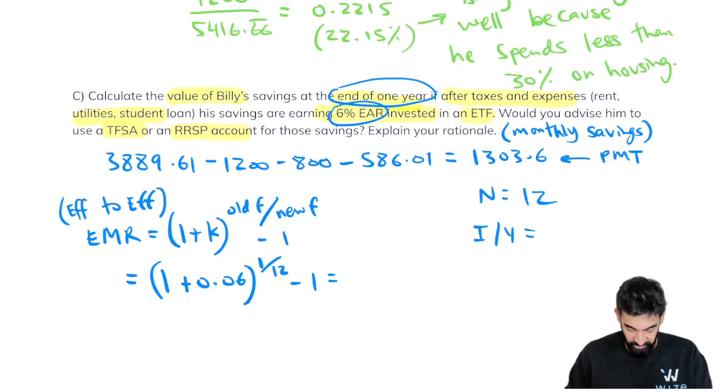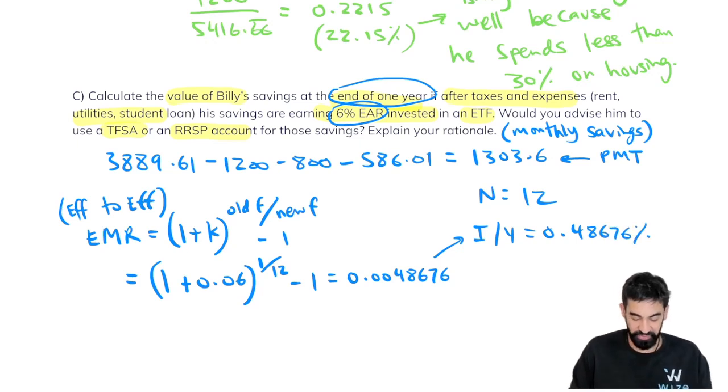Minus 1, this gives me 0.004867 let's say. So if you times that by 100, that's going to give you 0.48676%. That's his effective monthly rate. Because they said effective annual, they didn't say APR, they said EAR. That's why you have to use this formula.